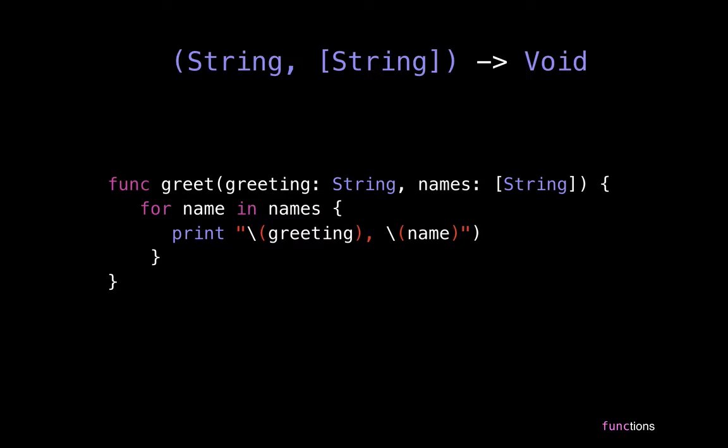Let's take a look at what the type of this function is, and hopefully you figured that it's from string, array of strings to void, because we don't have a return value here. Equally valid as an answer would be from string and array of strings to the empty pair of parentheses.